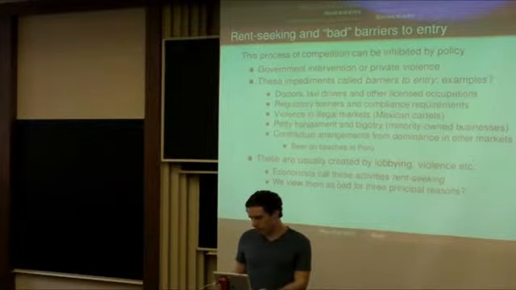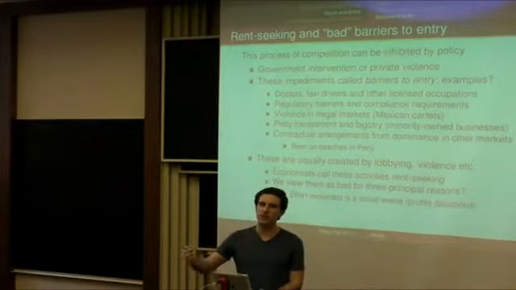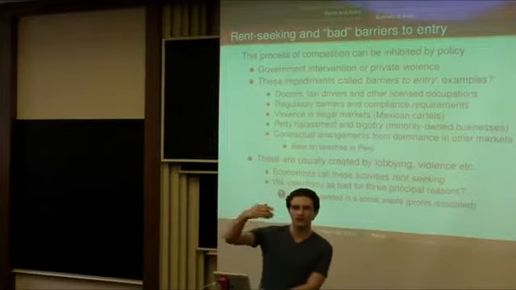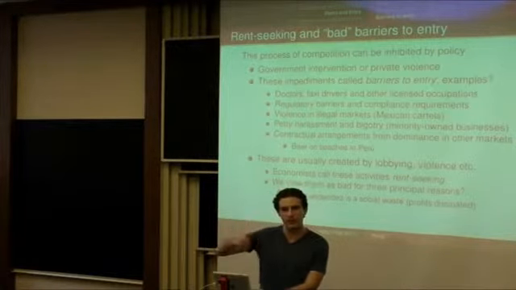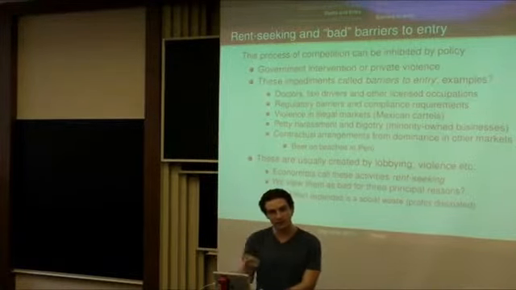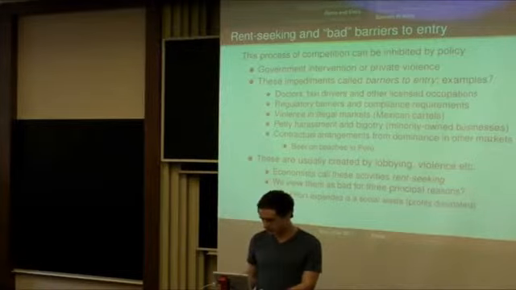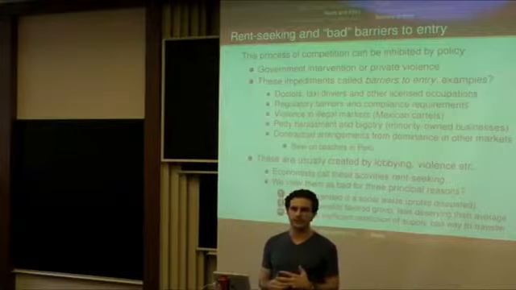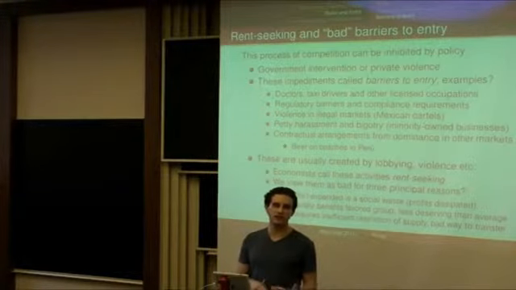So that's a good reason, but another reason is that the money spent lobbying and the people killed in the violence are social waste, right? So if you have the possibility of doing this, then people are going to spend money trying to get it, and that's going to be a waste of money, right? And another reason is that the groups that end up getting the rent this way are not necessarily the people you want to redistribute resources to.